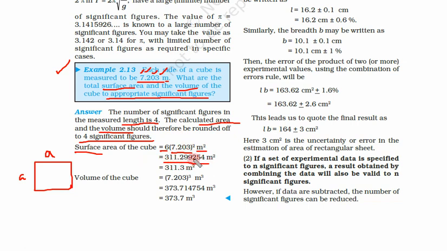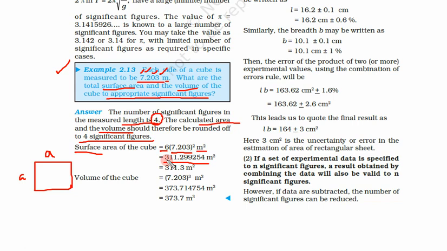This number is a very large number because we keep on multiplying these digits again and again. So 311.2299254, but we have to round them off to appropriate digits. How many? Up to 4.